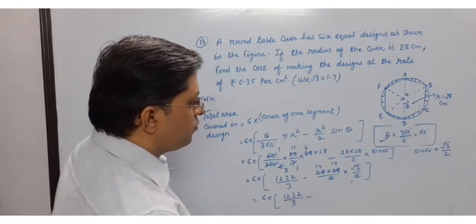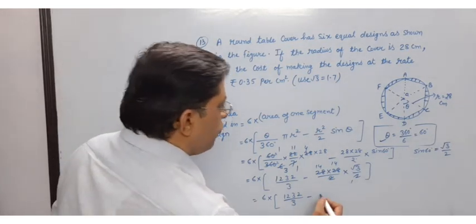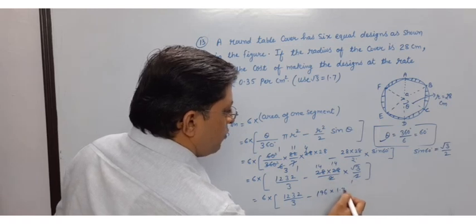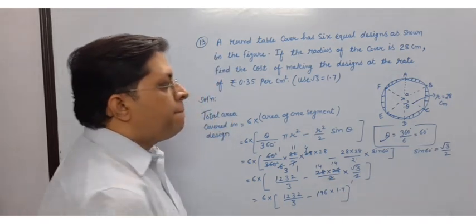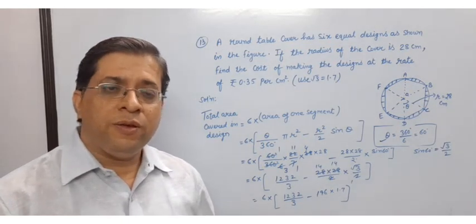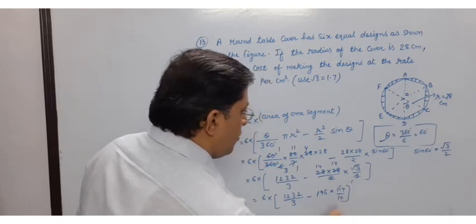minus 14 14s are 196. So 196 into 1.7. Then what will come? See, if you remove the decimal, this is 10.